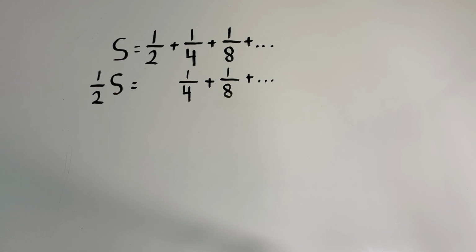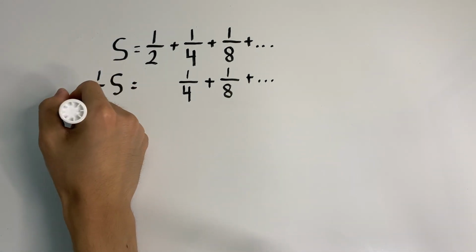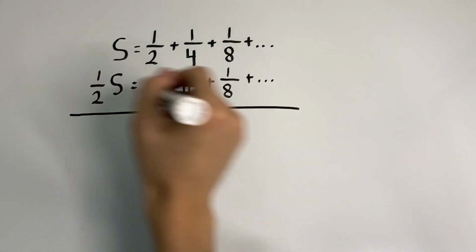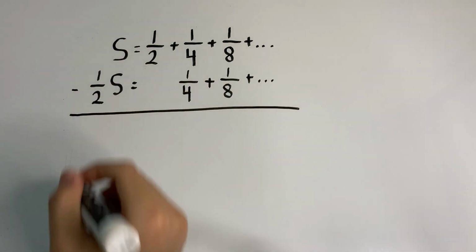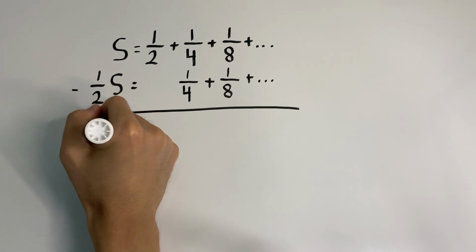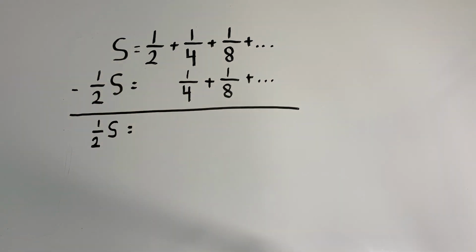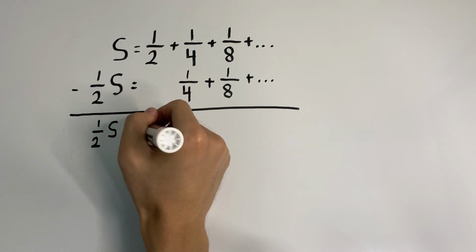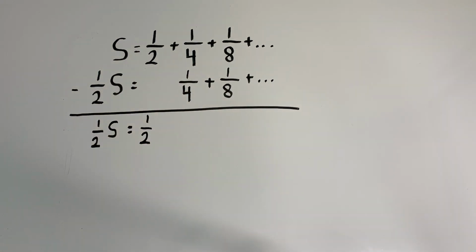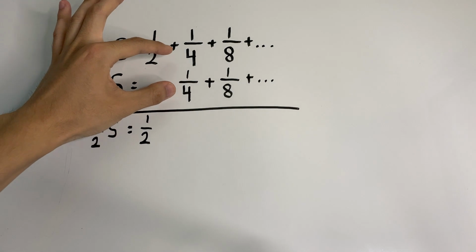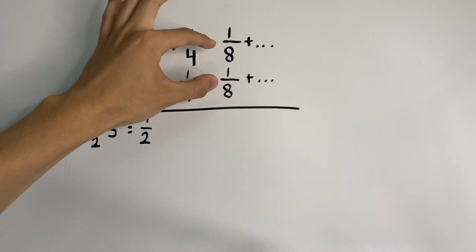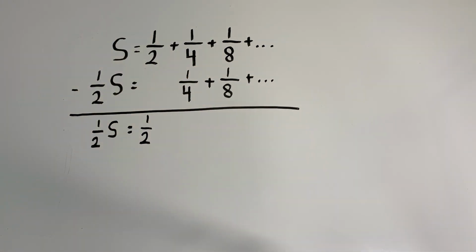And from here, we're going to subtract the two series to get half S equals 1 over 2 plus 0, 0, 0, 0, 0.